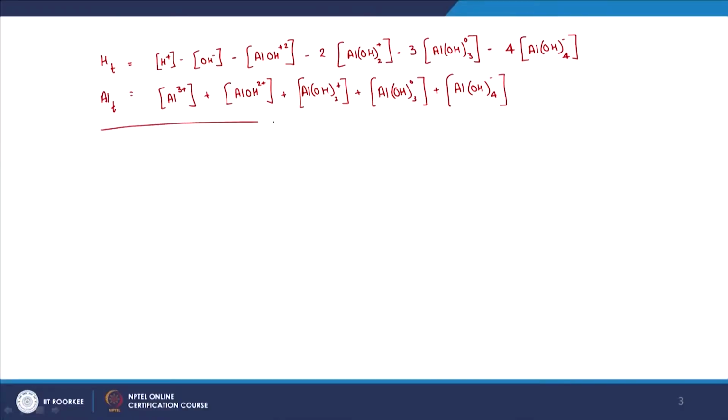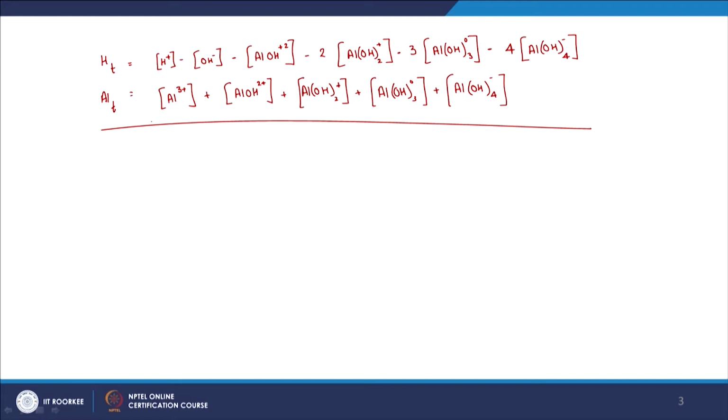Then we chose the components. Components were H+ and Al3+, and then we wrote down the relevant formation equations, got down to the tableau, and then moved on to writing the total component balance equations. We got that from the tableau from the last class. So H total is equal to H+ minus OH-, and so on with respect to the different species of aluminum hydroxide complexes.